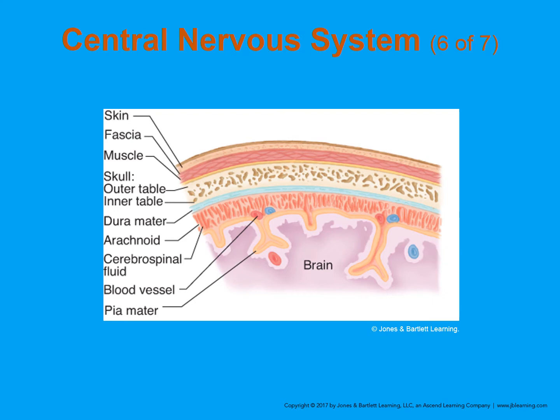And then the next layer is the arachnoid space, and it gets its name arachnoid because of those spider-like web projections off of it. Well, the subdural bleed, sub meaning below, is actually going to be between that dura mater and the arachnoid space.